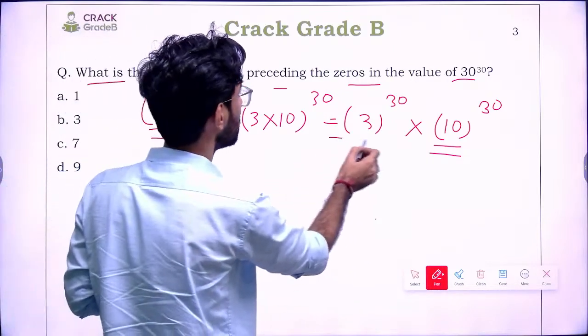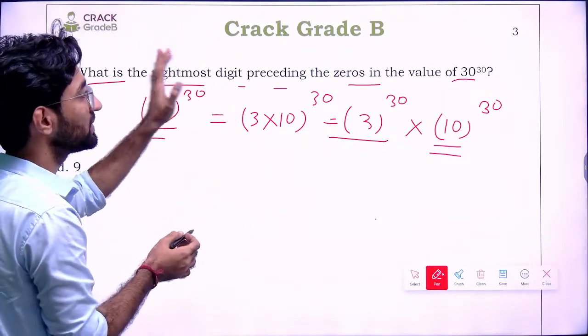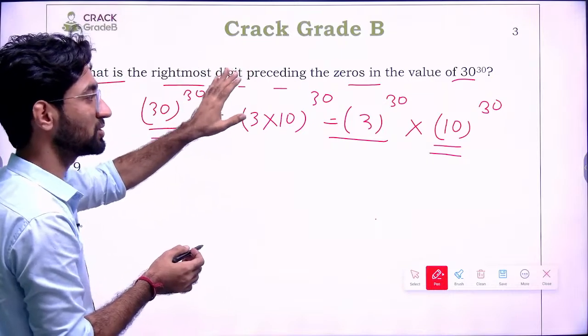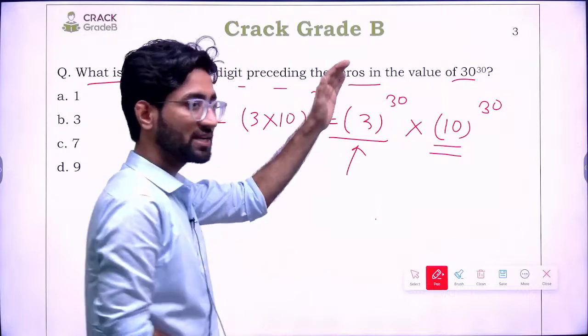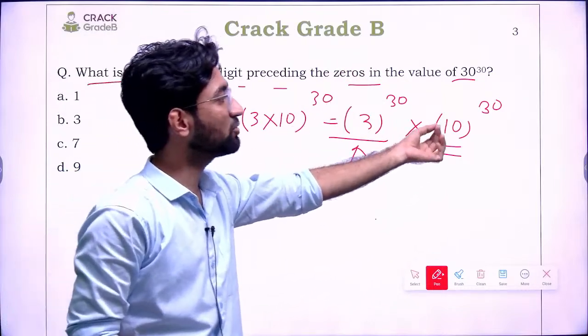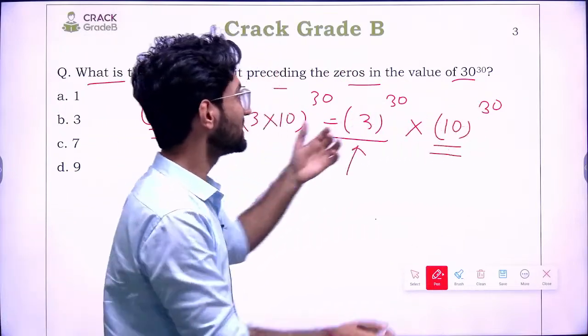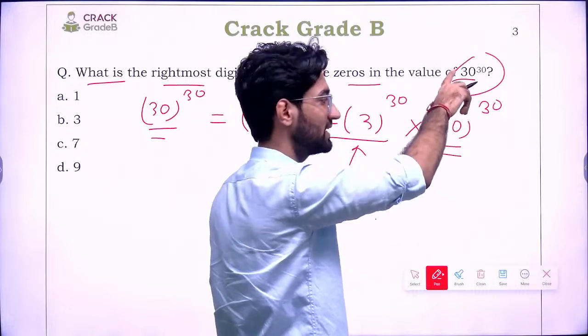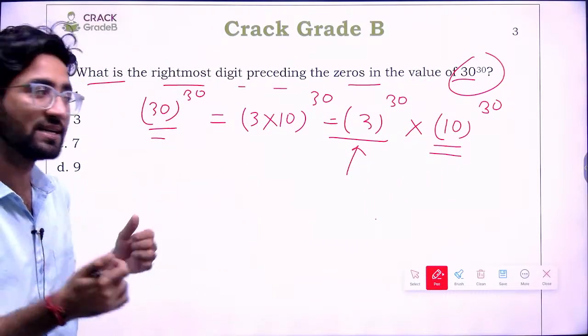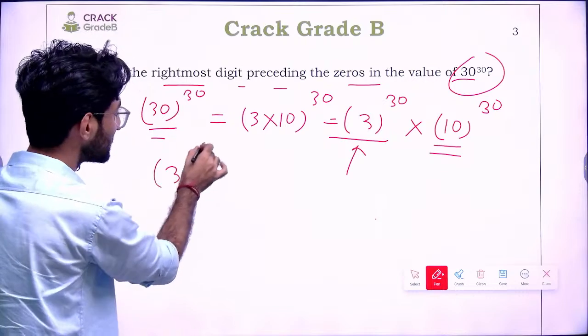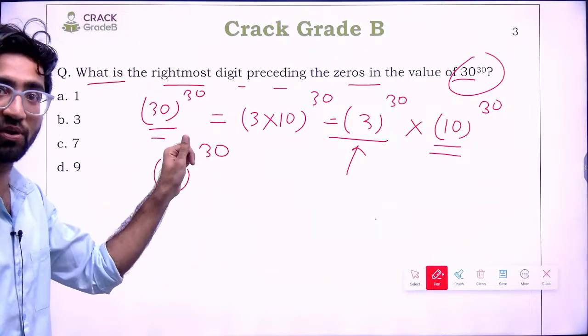Okay, so the rightmost digit preceding the zeros in the value of 30 to the power 30 is going to be equal to the unit digit of 3 to the power 30, because 10 to the power 30 will only add zeros in this value, right? So we have to find out the unit digit of 3 to the power 30, right? And we know that the cyclicity of 3 is 4, right?